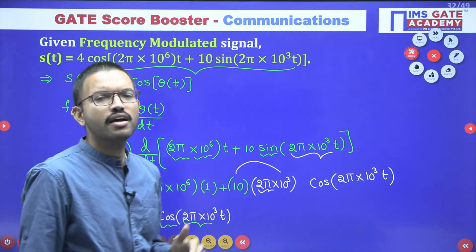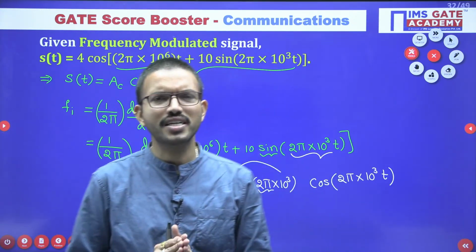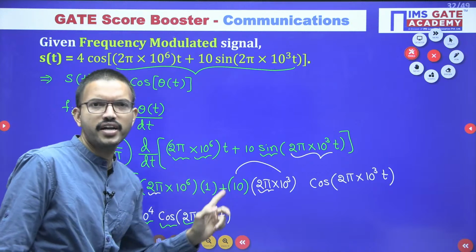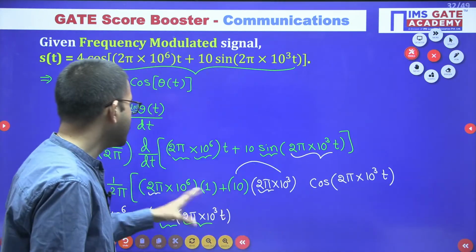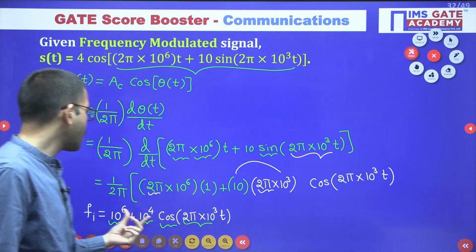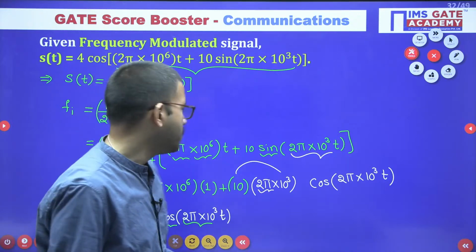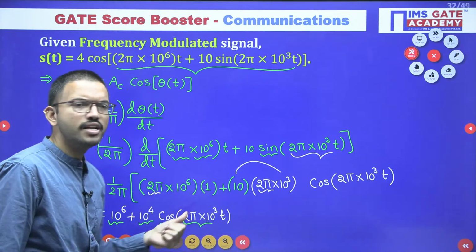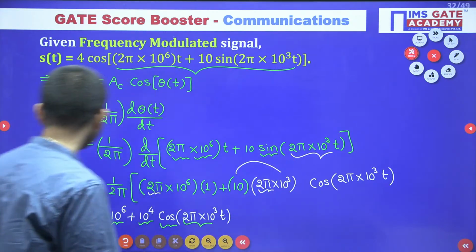Whenever you are having a cos signal, the cos value always varies between -1 to +1. The minimum value is -1 and the maximum value is +1. So if you substitute the minimum value here, the overall value you get is the minimum. Similarly, if you consider the cos value as +1, the overall value you get is the maximum.